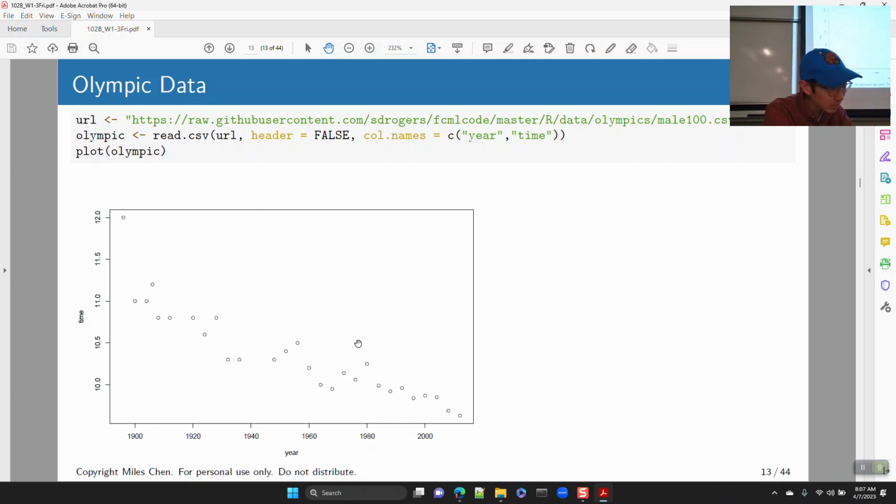Okay, so let's take a look at this data set again. So I introduced this same data set, right? The Olympic data, and we're looking at the race times for the 100-meter dash. It seems like it's getting faster and faster.